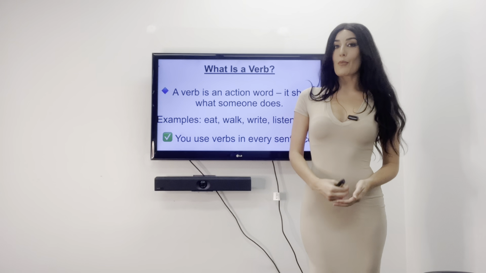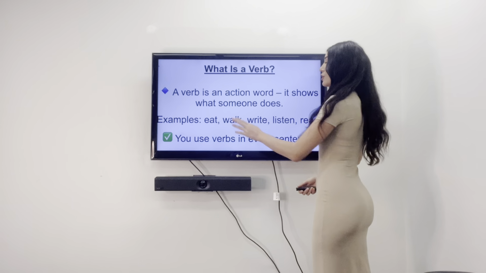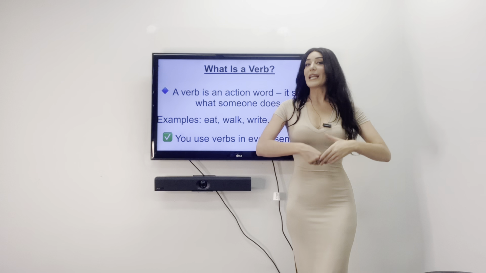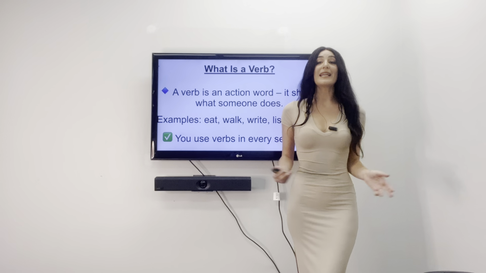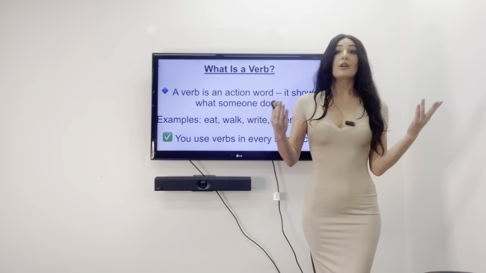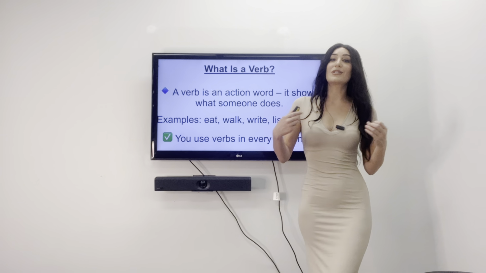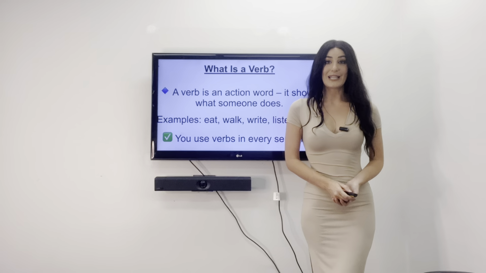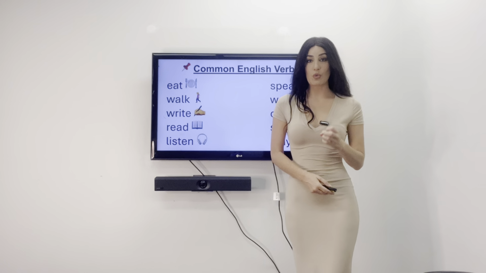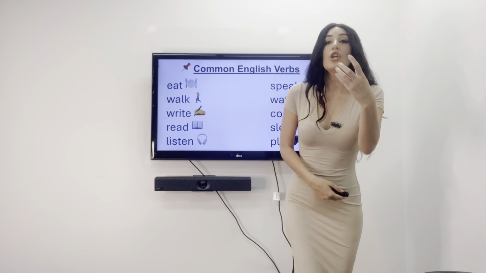These are some very common English verbs. You use verbs in every sentence. So in every sentence, even in a simple sentence, there is always a verb. So that just tells you how important it is to learn the verbs in English. Okay? So what's a verb? It's an action word. It's something that you do. So let's have a look at the most common English verbs.